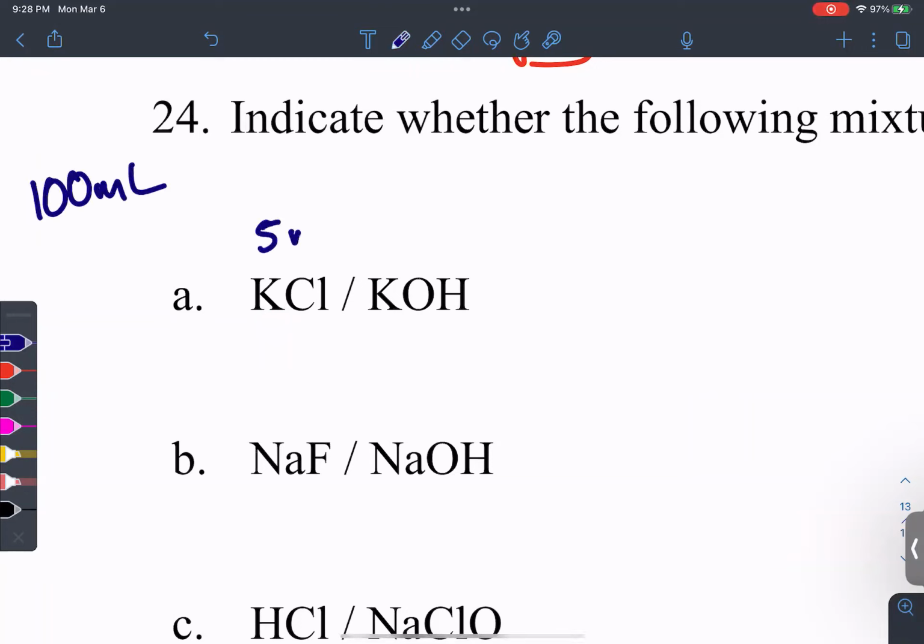If I have 5 millimoles of KCl and 4 millimoles of KOH, how would I calculate the pH? What is contributing to the pH? OH minus. So I have 4 millimoles of OH minus in 100 milliliters. Calculate the OH minus concentration, pOH, and so on. So I essentially ignored KCl. Why can I ignore KCl? Because it's neutral.